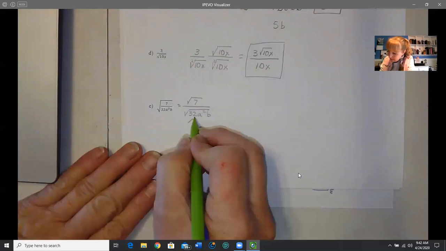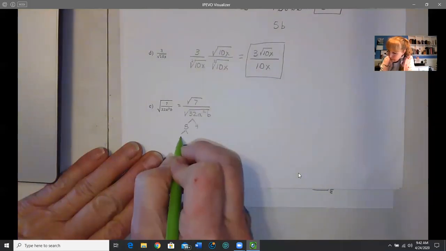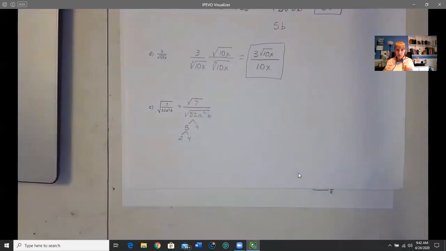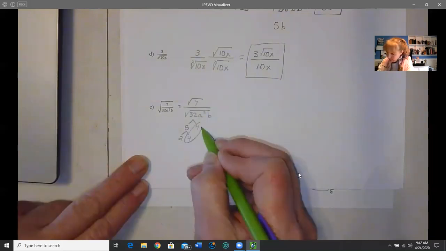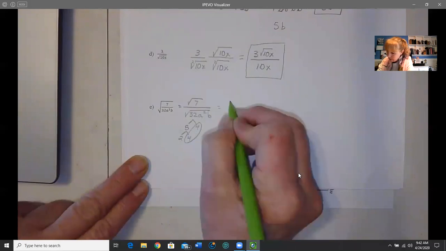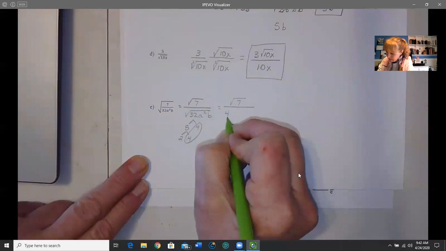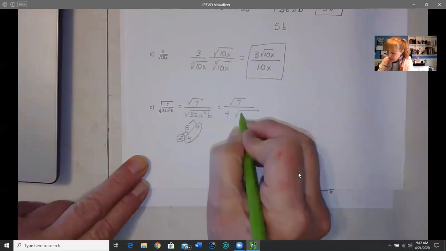32 is 8 times 4. 2 times 4. Okay, you can stop there because I now have 2 4s. Okay, so these are going to come out. I have 2 4s. So I'm going to have the square root of 7. 4 is going to come out. And this 2 is going to stay inside.